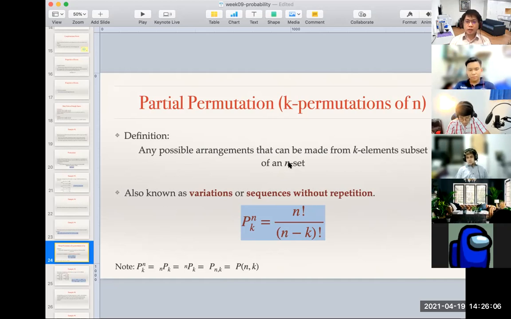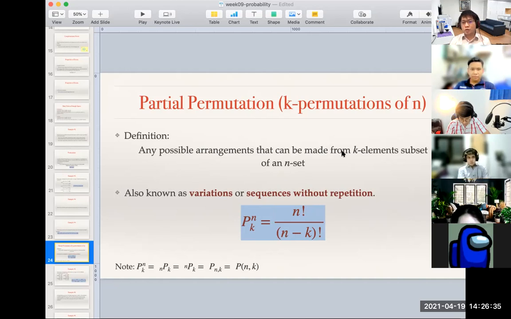Let's say you have a set that has 5 elements. Then to do a partial permutation here, you need to pick any number less than 5. It can be 4. You can choose 4 arrangements or 3 arrangements or 2 arrangements. If one, then there's no point bothering to create this kind of arrangement, right?